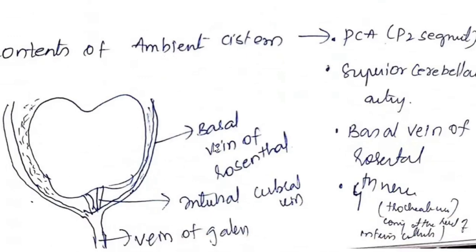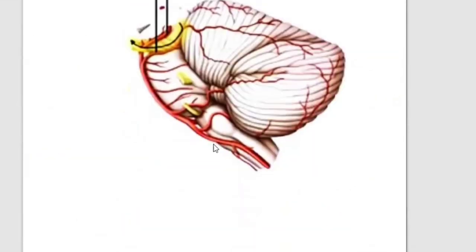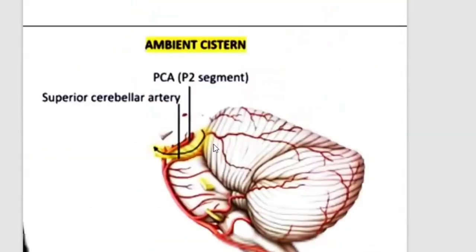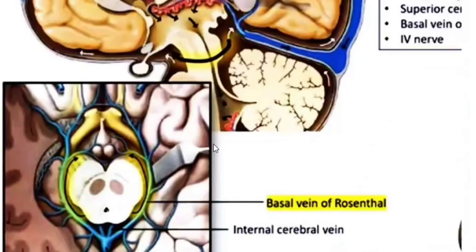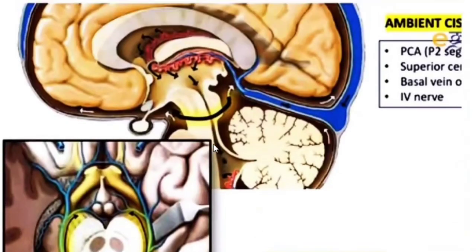The space surrounding the midbrain is said to be the ambient system.